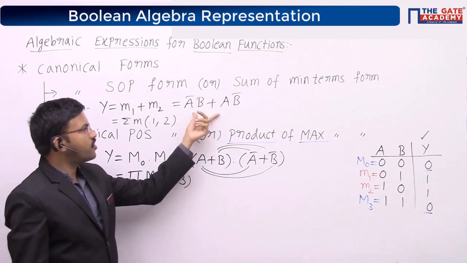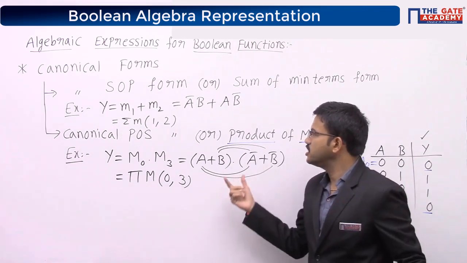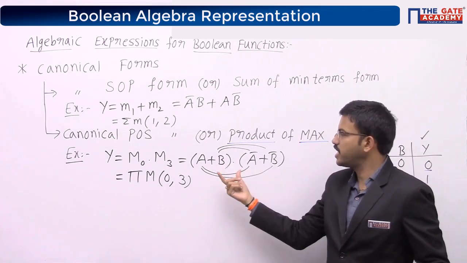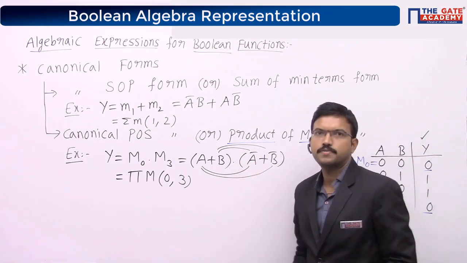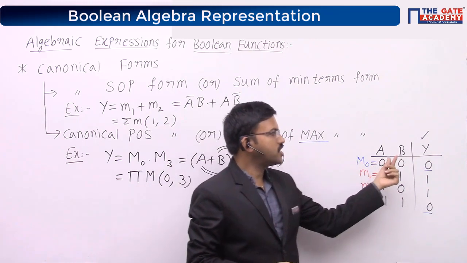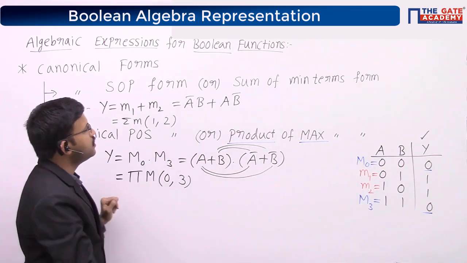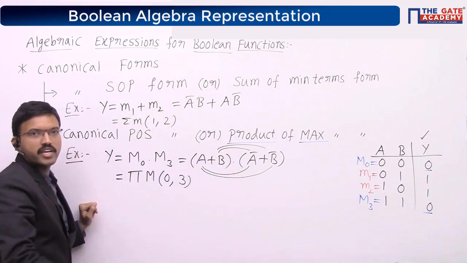In this case, whatever expressions we are getting, here I have represented in terms of minterms, and here in terms of maxterms. In general, whenever you write the expressions for outputs, they will be either sum of minterms or product of maxterms.